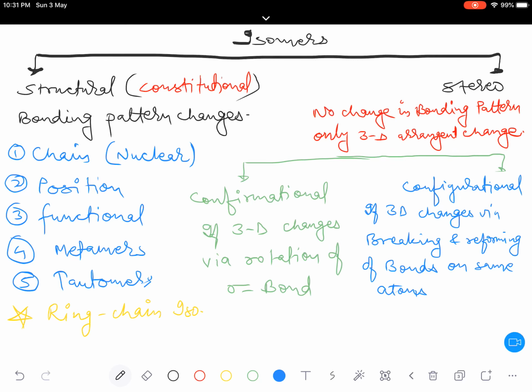It means at room temperature spontaneous interconversion between two different forms is not possible, meaning that 3D it won't change.